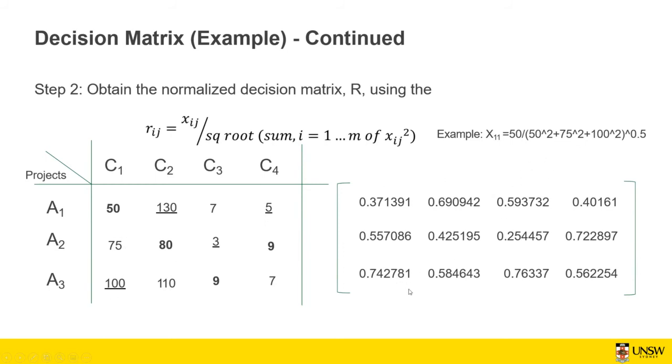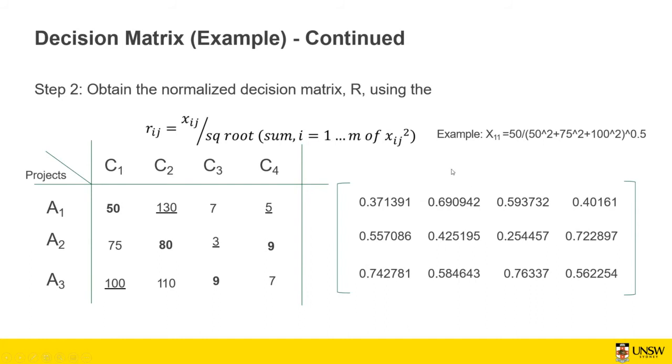For the third one, which is the C1 criteria for project A3, instead of 50 you put 100 here, but everything else in the equation is the same as A1, C1.